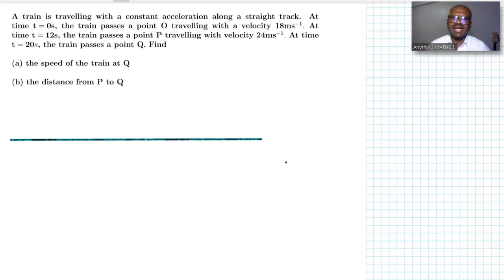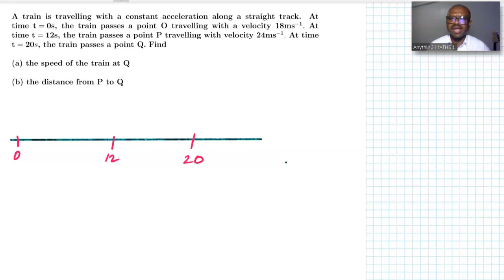Now, dealing with mechanics, it is really important to put the information in diagram form so that we'll be able to see what is going on. That is exactly what I'm going to do. First of all, at time 0, so I'll put 0 here. Then we have time 12, and then we have time 20.